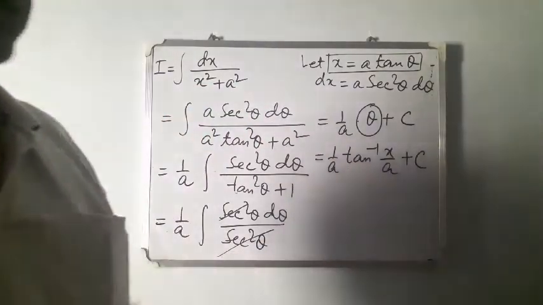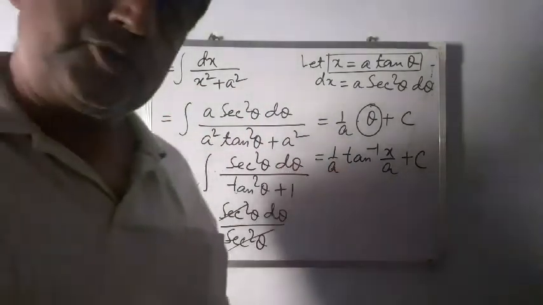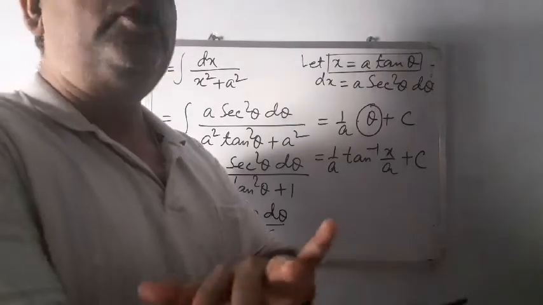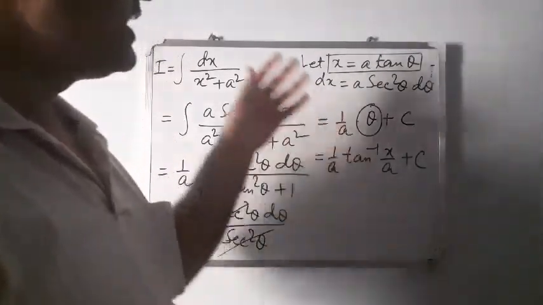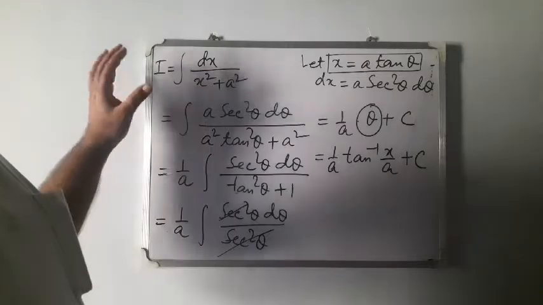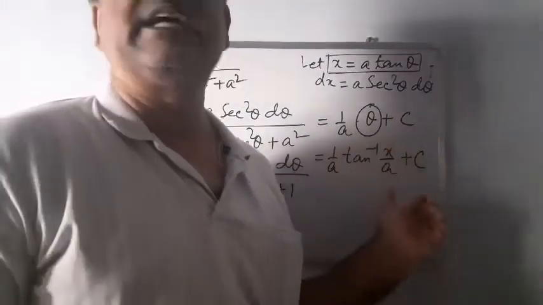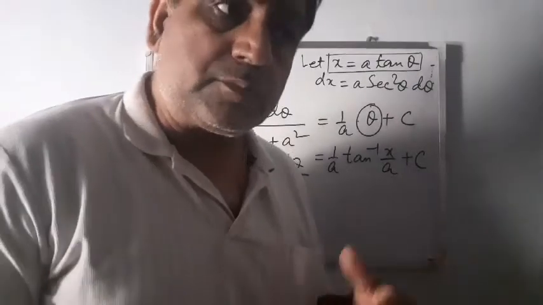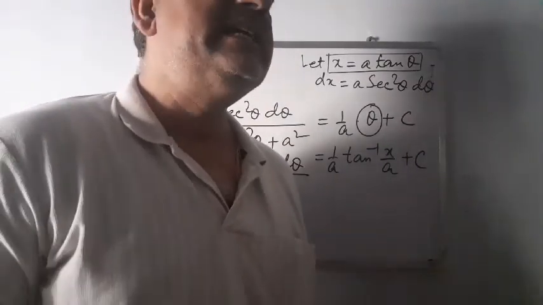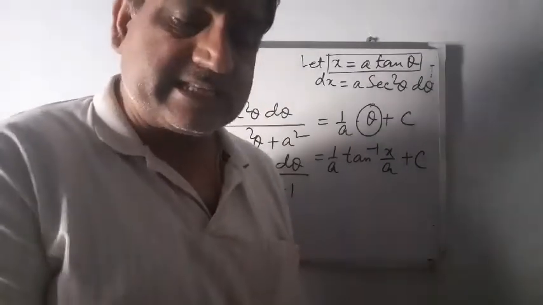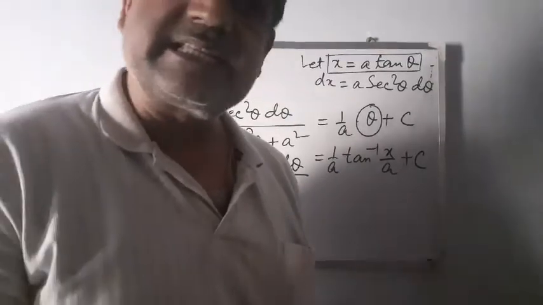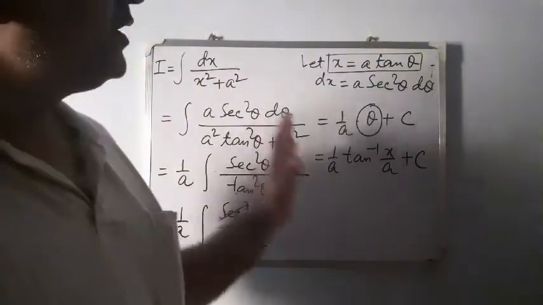In the same fashion, by taking substitution or by using the rule of partial fractions, you can find the proof of all the 6 formulae which we have written here on the board. The proof of the formulae is not asked in your HS exam, that's why I am not discussing the proof for each and every formula.